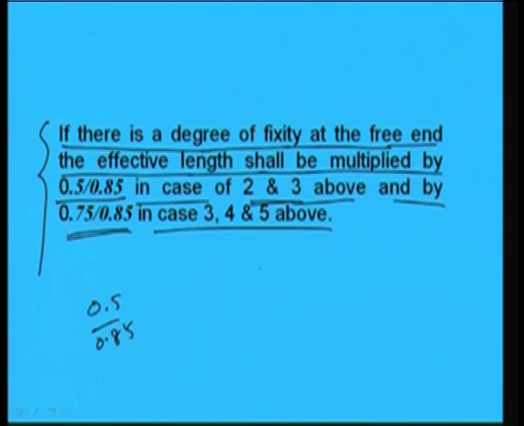So, the cases 1 to 6 we have discussed, right. In case of 2 and 3 we can multiply by 0.5 by 0.85, and in case of 4, 5, 6, it will be 0.75 by 0.85.